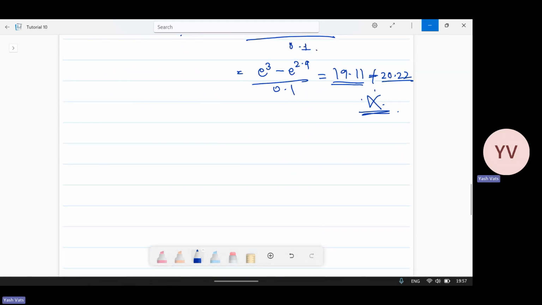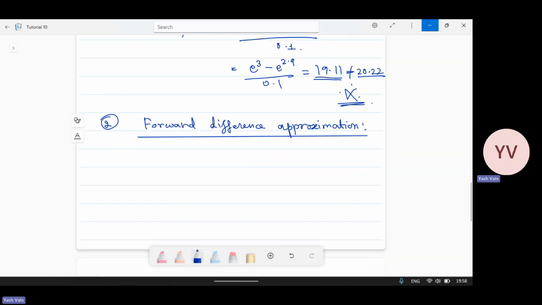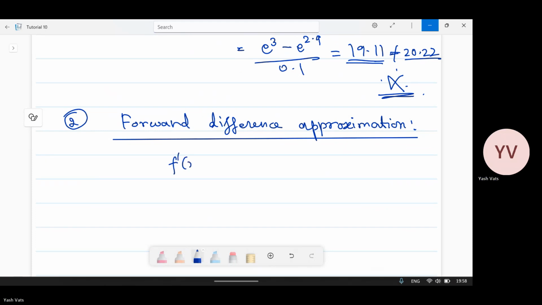Second, we use forward difference approximation. In a forward difference approximation, we use f dash x.